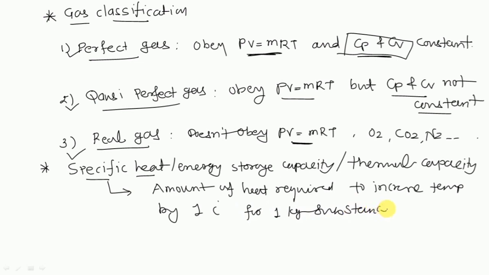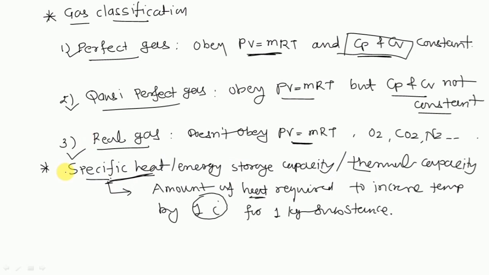Its simple meaning is that if you have 1 kilogram of oxygen and you want to increase the temperature by 1 degree, then the amount of energy or heat required is called specific heat, or thermal capacity, or energy storing capacity. So this is the basic definition of specific heat.